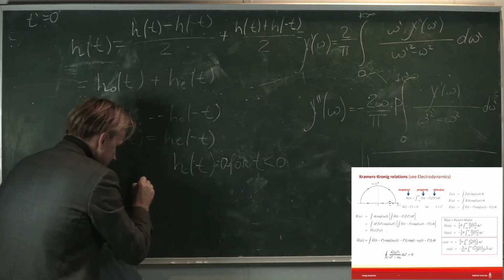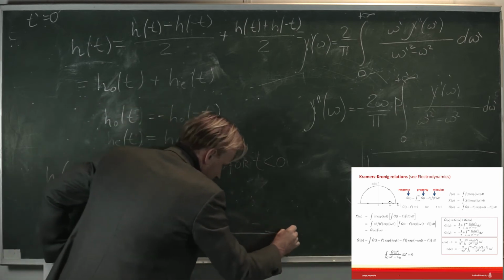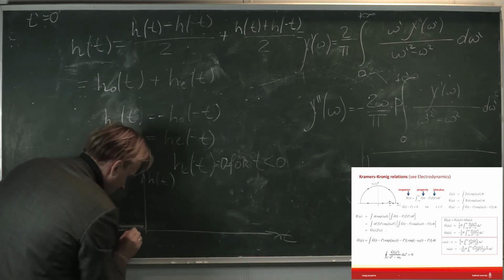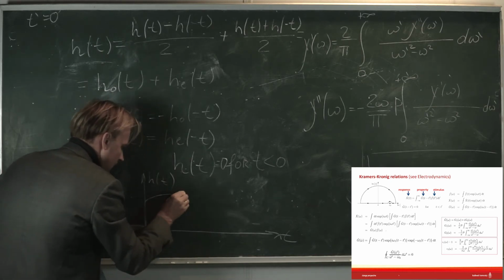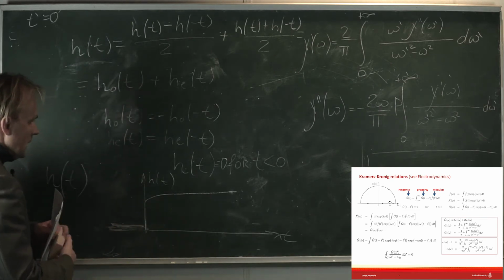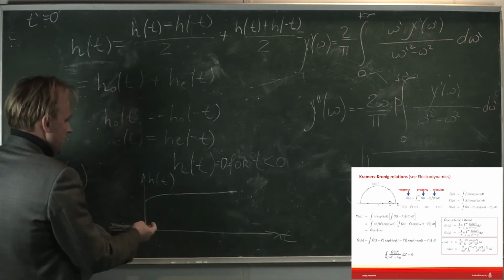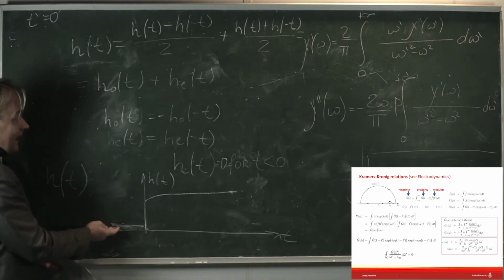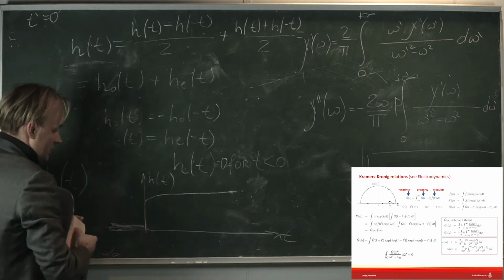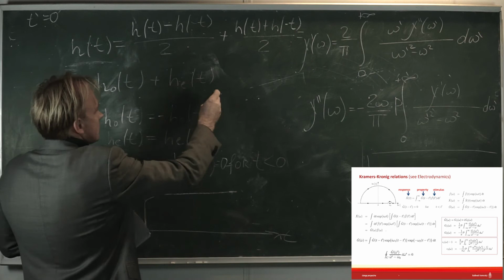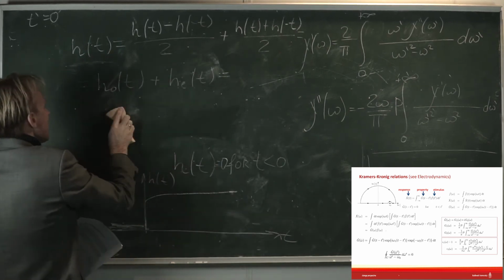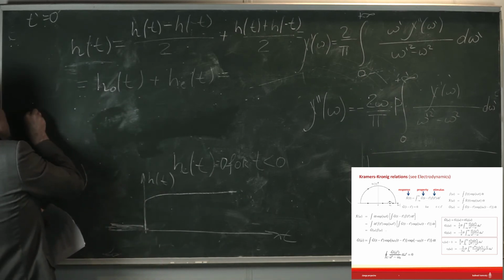So if you plot the dependence of the property as a function of time, it should be 0 here, and here it may have some dependence. But it means that if you look at the negative times, the sum of these two functions should give me 0. So it means that I can rewrite this in a slightly different form.